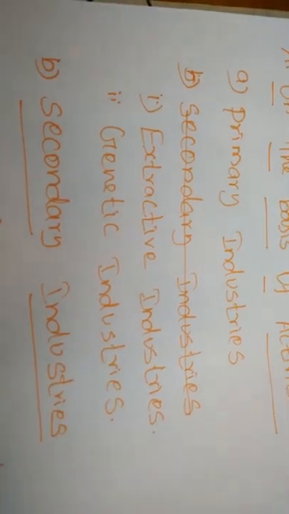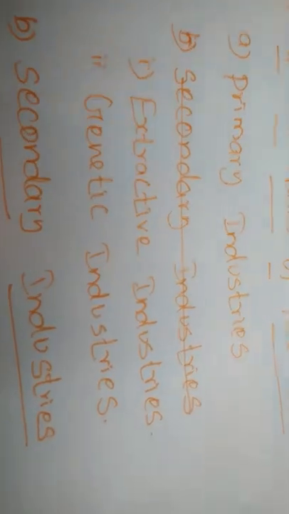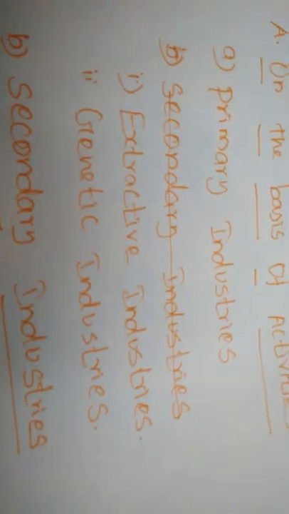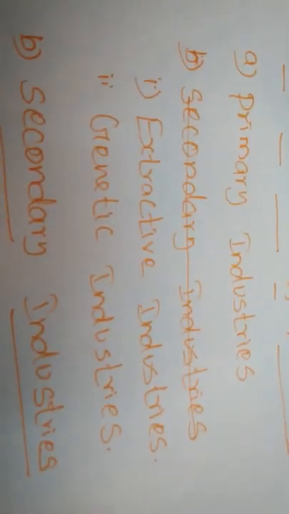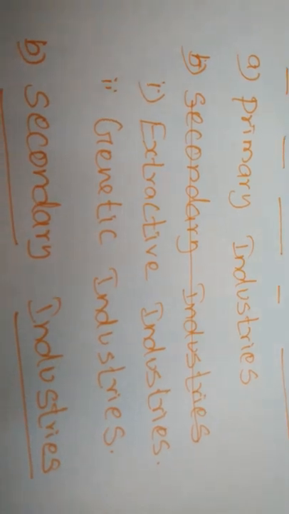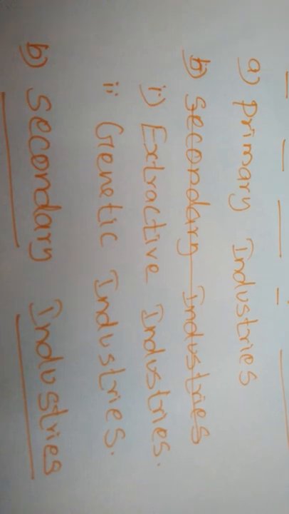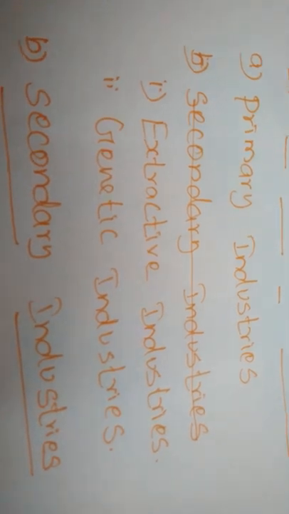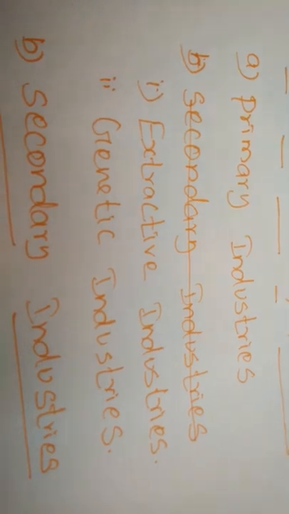For example, in agriculture, the land is the gift of nature, and for the cultivation of crops, rain and irrigation are very important. Water is a gift of nature.